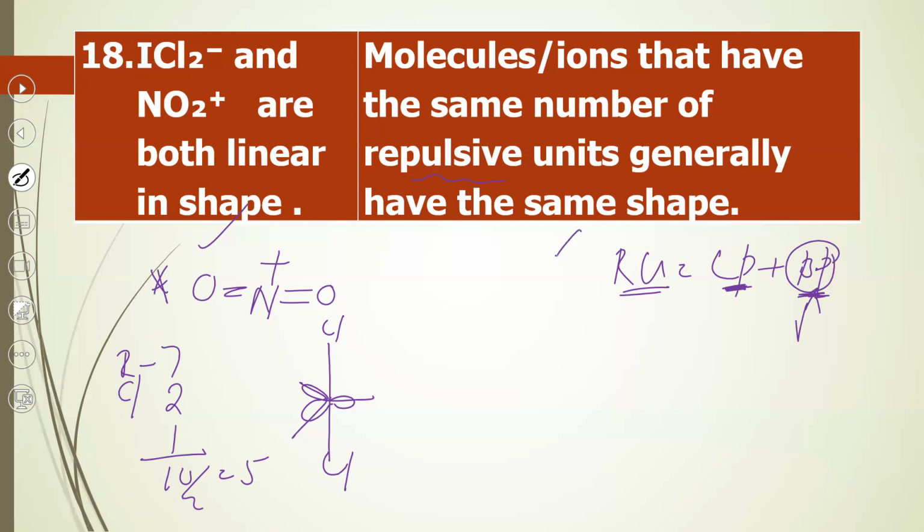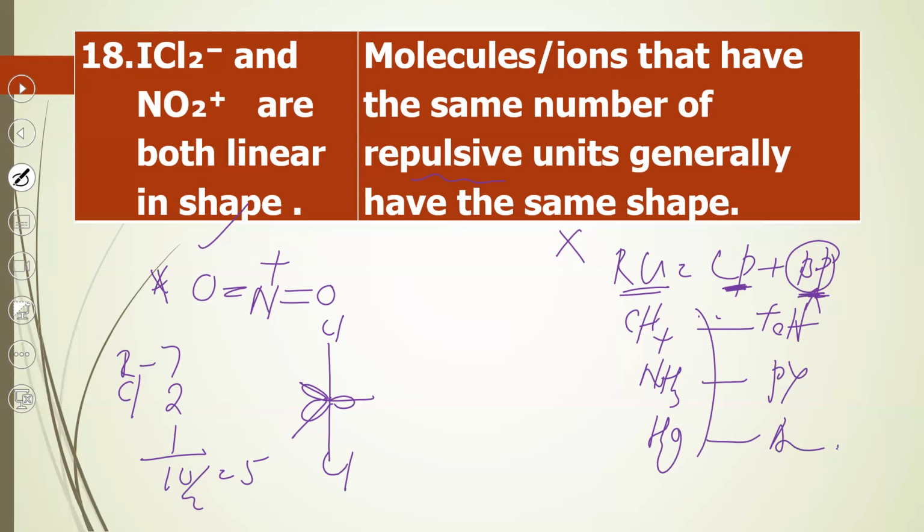So this cannot be correct. For example, CH4, NH3, H2O. In all these cases, the repulsive units are the same. Here tetrahedral is the shape, here pyramidal, and this one angular. This way there is a lot of difference available. So generally it is not matching. So the answer is the third one.